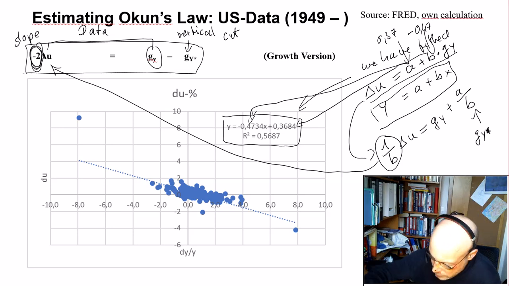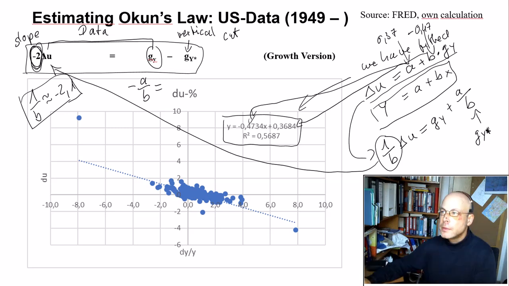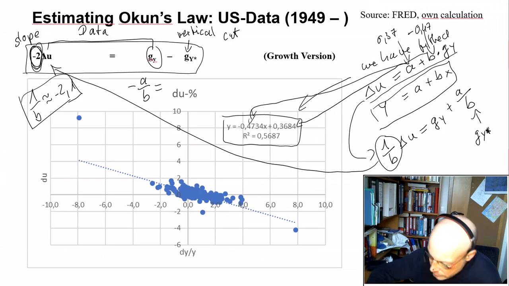So 1 over b is minus 2.1. And what else do we have? 1 minus a over b. This was roughly 0.8, I think, yeah, roughly 0.8.